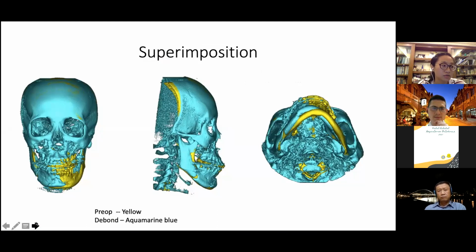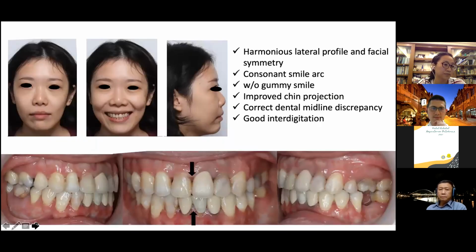These patients received maxillary orthognathic surgery, including Le Fort 1 and BSSO along with genioplasty. We corrected the skeletal asymmetry. This patient is finally happy.